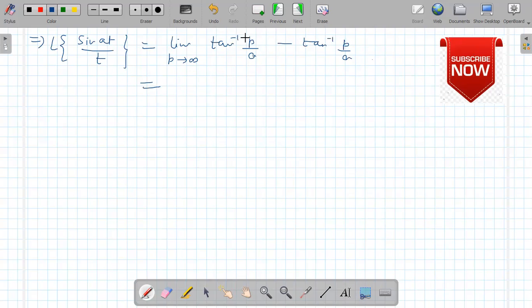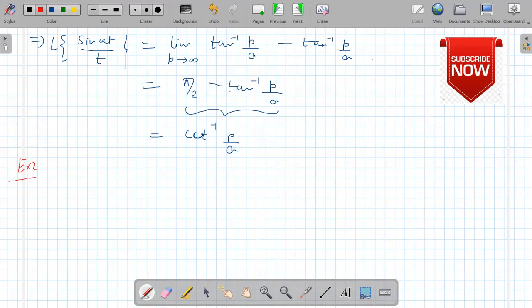So when p approaches infinity here, the value of tan inverse p upon a will be pi upon 2, minus tan inverse p upon a, and pi by 2 minus tan inverse theta is cot inverse theta. So this is cot inverse p upon a. Okay.